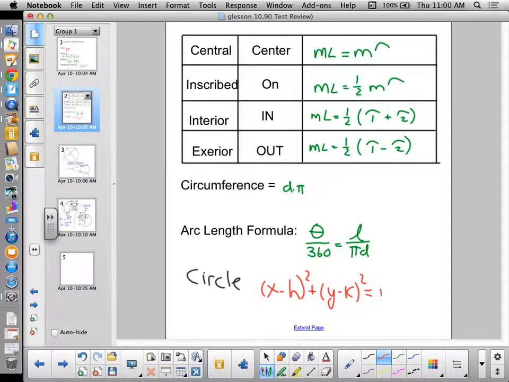Squared equals r squared. Everything's squared. It's like a squared plus b squared equals c squared. Everything's squared, because it is Pythagorean theorem. (h, k) represents the center of the circle. R is the radius. Remember that's r squared in the formula. R is the actual radius. It's the square root of that.